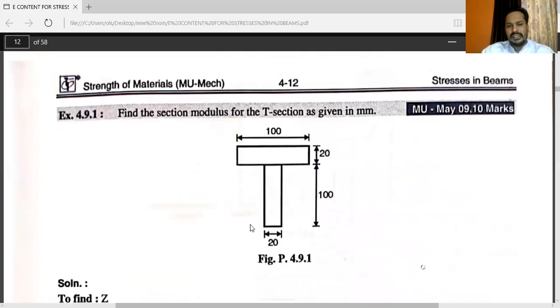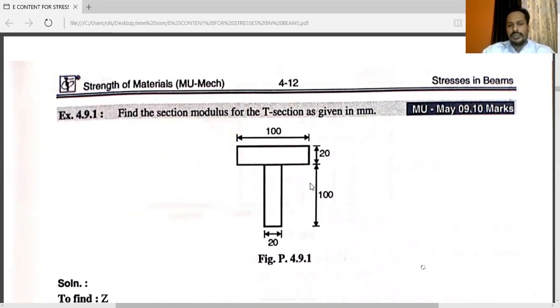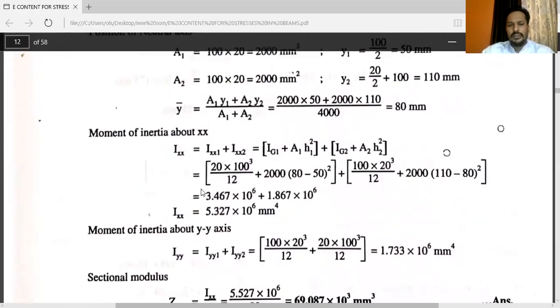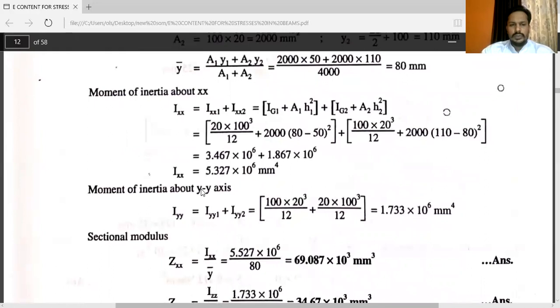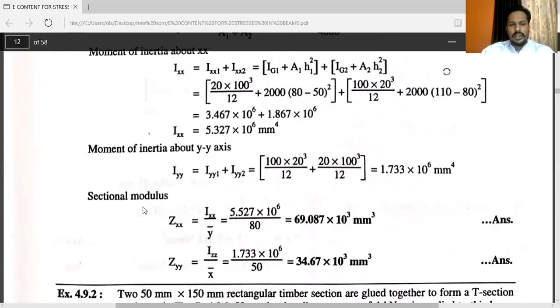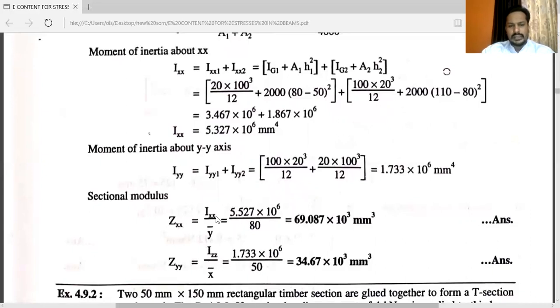Means from the baseline, the y bar will be at a distance of 80. To calculate sectional modulus, we have the formula Zxx is equal to Ixx upon y bar and Zyy is equal to Iyy upon x bar.